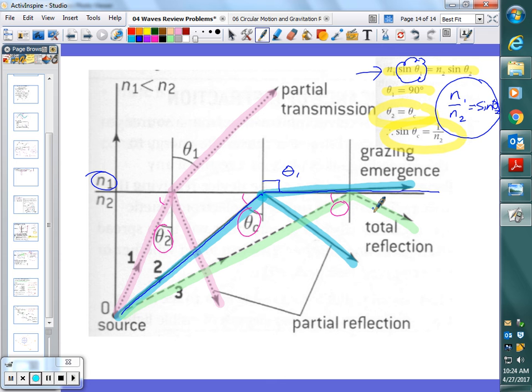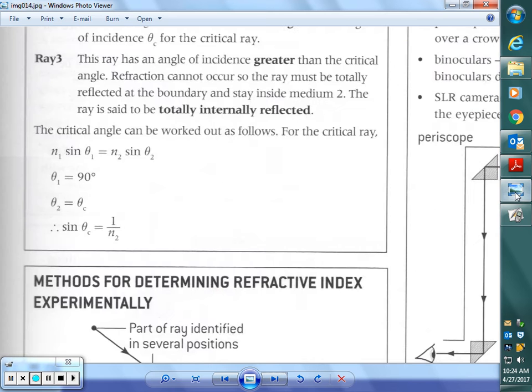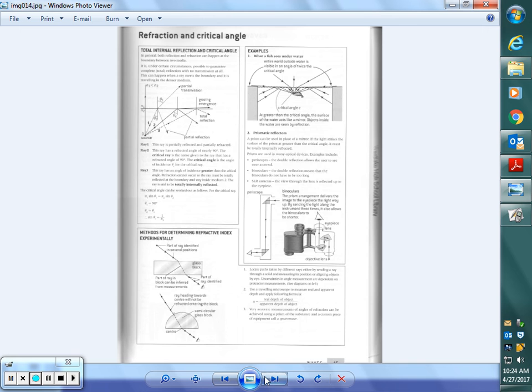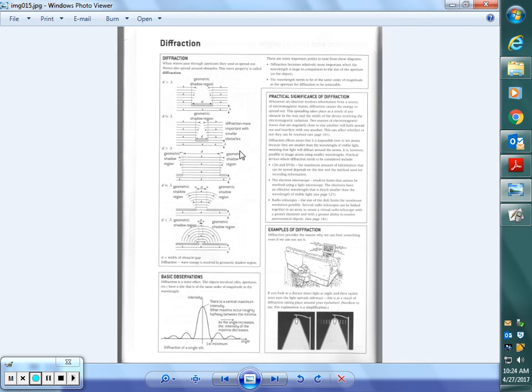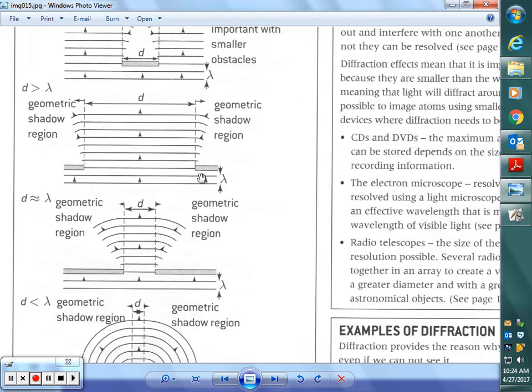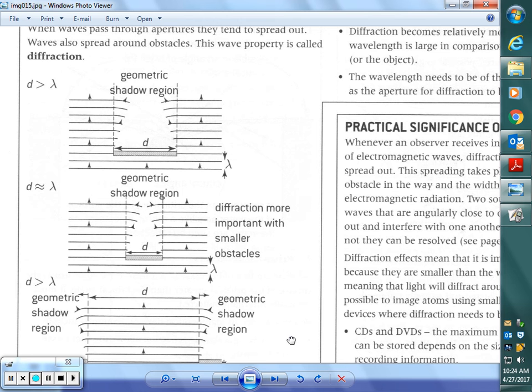Diffraction. It kind of bends. It happens to any wave. It does happen to light, but it happens so little with light that we don't really notice it that much. In this case we have wave fronts approaching a barrier, and those wave fronts will bend around the barrier.